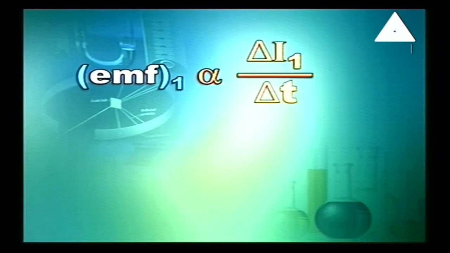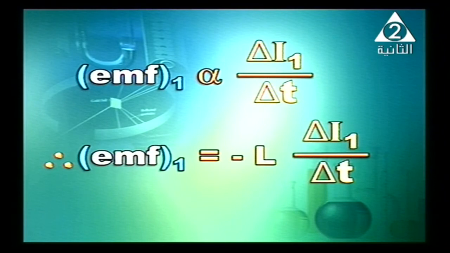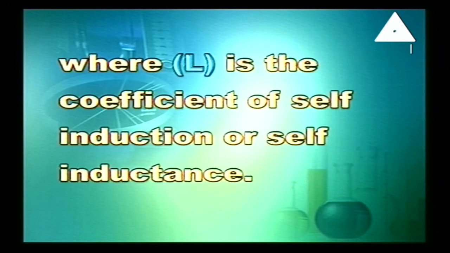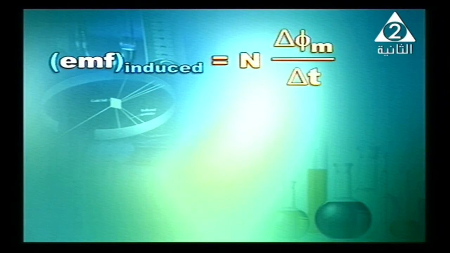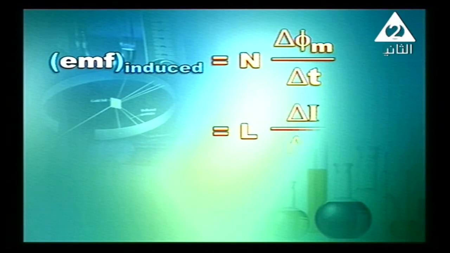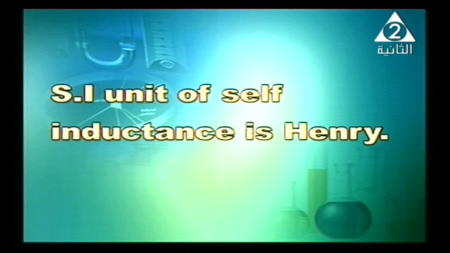EMF is proportional to delta I1 over delta T. So EMF1 equals negative L delta I1 over delta T. And from Faraday's law we can say EMF is equal to N delta phi magnetic over delta T, and it is also equal to L delta I over delta T, so we can say L is equal to N delta phi over delta I. The SI unit of self-inductance is Henry.